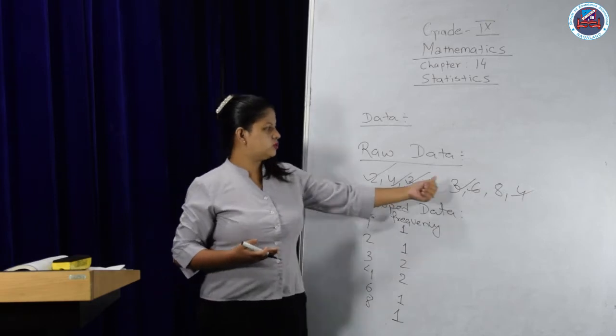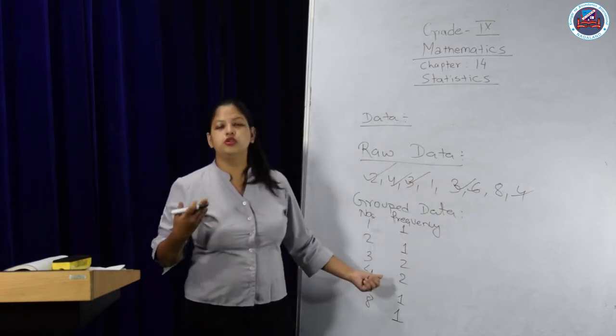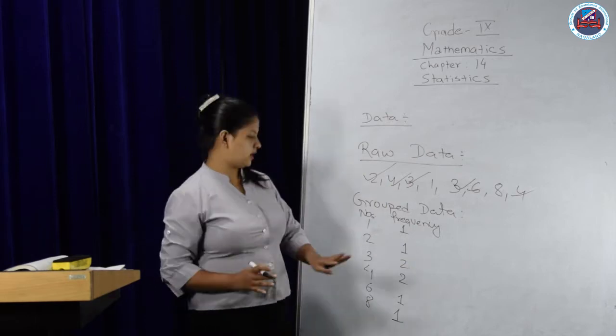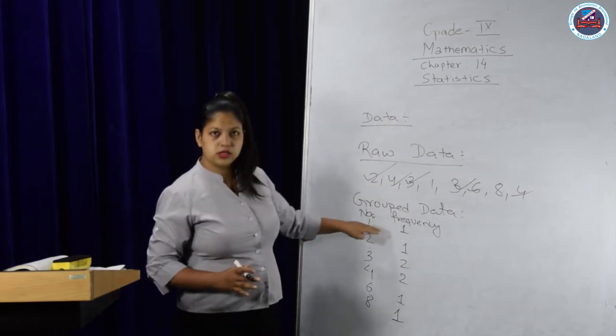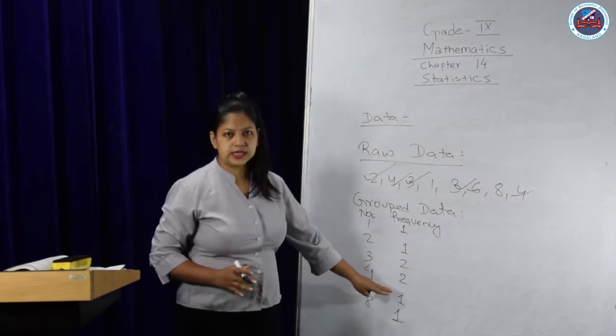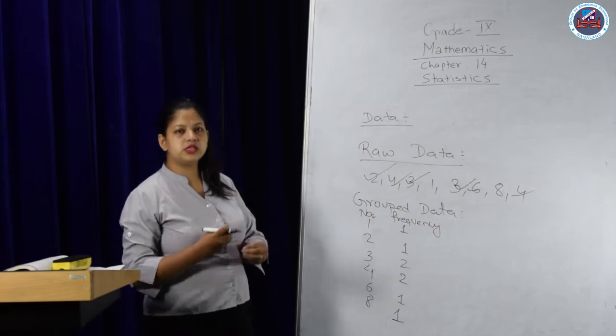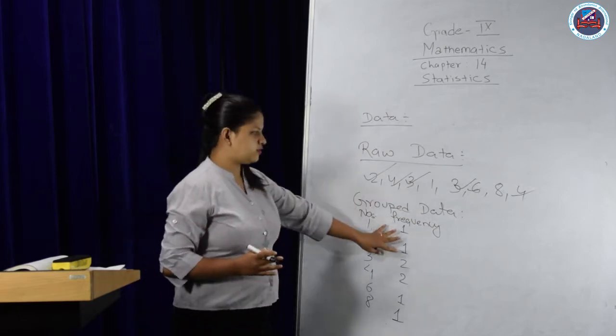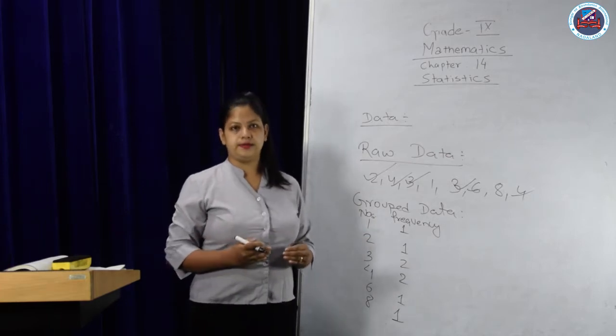But 3 is repeated 2 times, so its frequency will be 2. From this data you can clearly understand that 1 is repeated once, 2 once, 3 twice, 4 once. This kind of information is very easy to analyze, so that's why we call this kind of data grouped data.